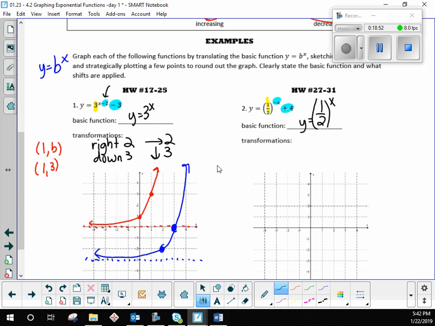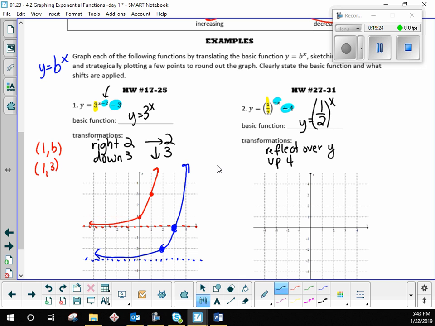So remember that a negative x means you're taking your x values and taking the opposite sign of them. So if your x value was 2, now it's negative 2. So picture in your mind, what does that do with all your x values? It reflects them over the y-axis. So that's your first transformation, reflect over y. Then the second one is a +4. That's a vertical shift of up 4.